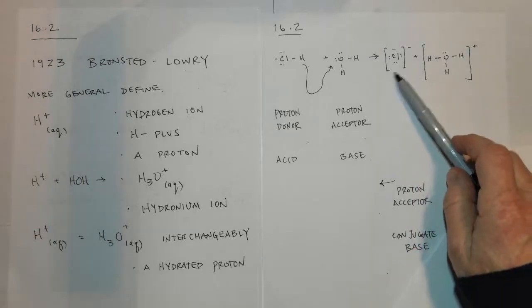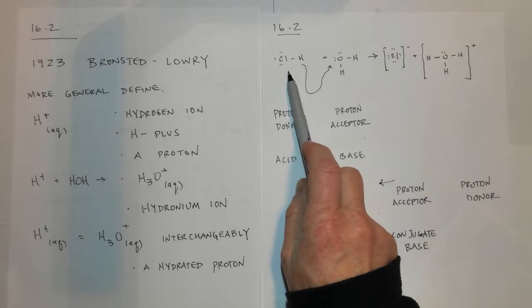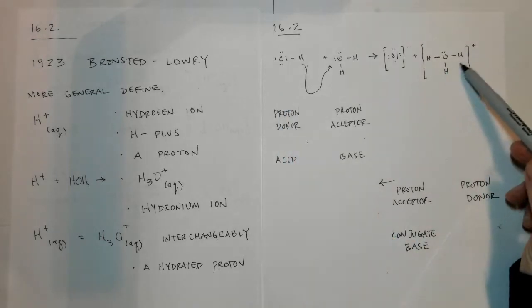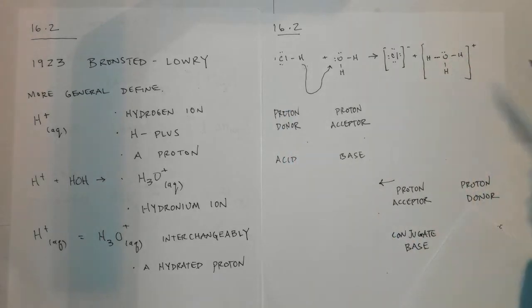So chloride ion is the conjugate base of HCl. H3O+, or the hydronium ion, is the proton donor, and since it gives away a proton, we call it an acid, but since we're looking at it backwards, we call it the conjugate acid, or the thing that gives up a proton in the backwards direction.